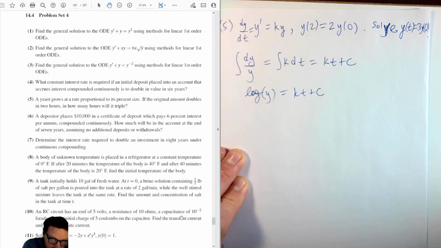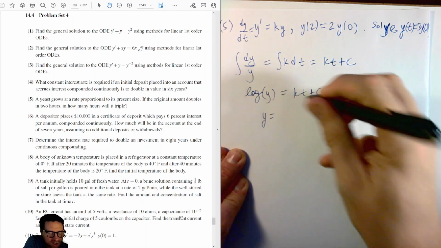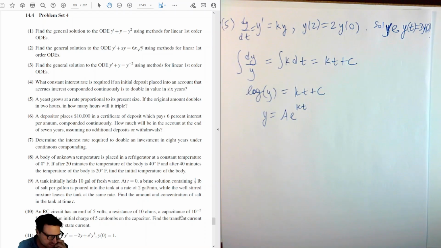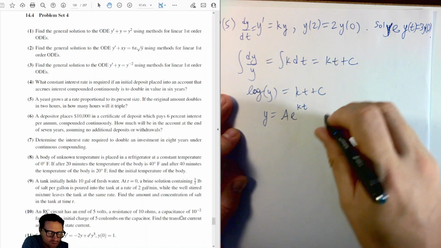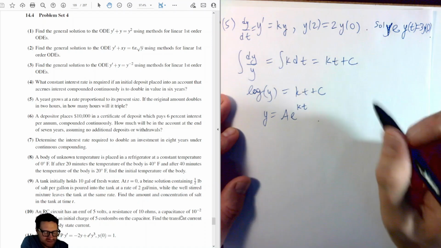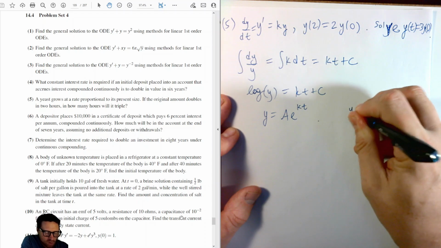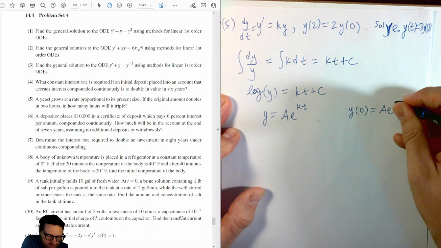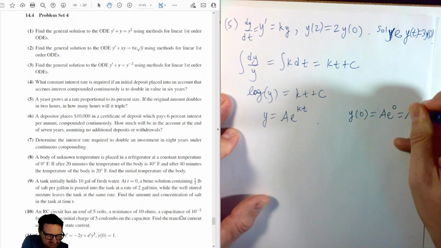And so we can solve this for y. So y is equal to a e to the power of kt, where a is e to the power of c. Now we know that y of 2 is 2 times y of 0. So notice y of 0 is equal to a e to the power of 0, which is just a.